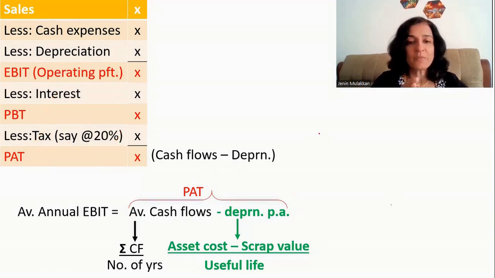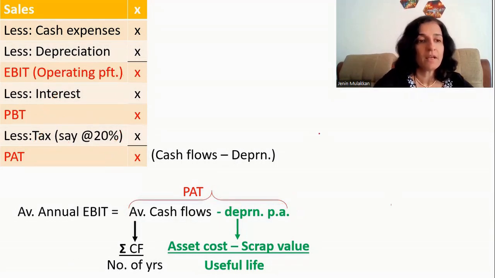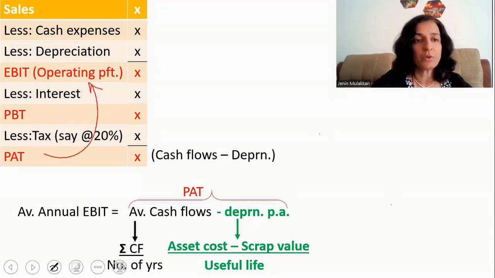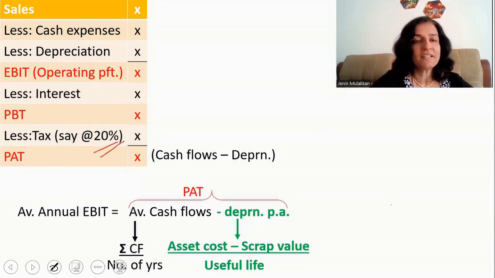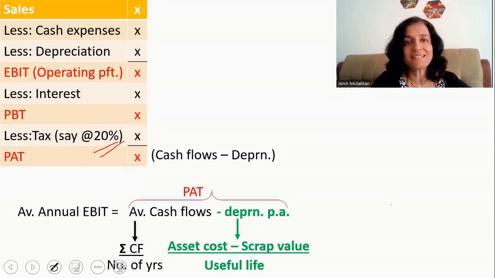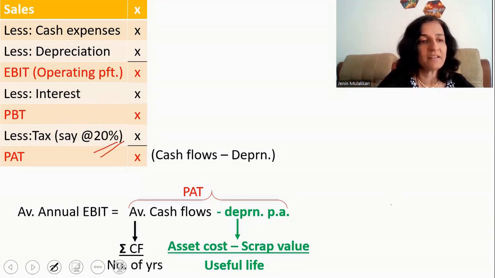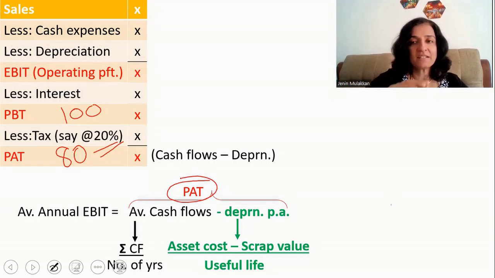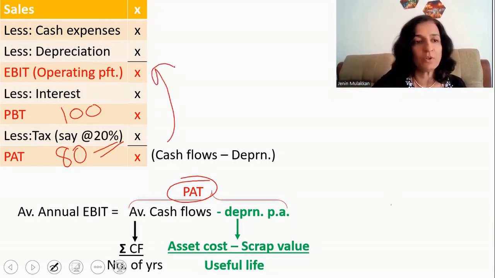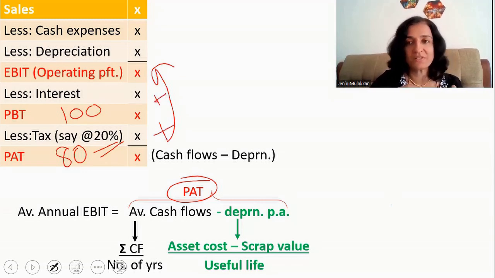If tax and interest are mentioned in the question, then to arrive at the earnings before interest and tax from the profit after tax, the adjustment that you have to do is this. Say tax is 20%, it is mentioned in the question that the tax is 20%, which means that if this is 100, then 100 minus 20, 80%, is the profit after tax. So when you add back the tax, because in order to arrive at the EBIT we have to add back tax and interest, right?